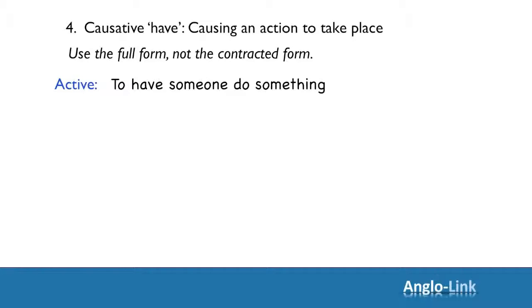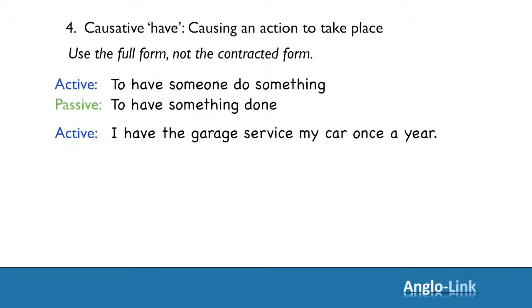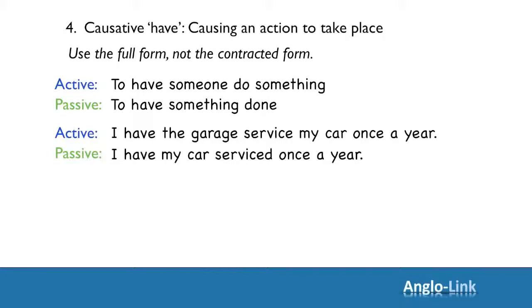In the passive construction, it is to have something done. Let's look at some examples. Active. I have the garage service my car once a year. Let's remove the garage, the actor, and change it into the passive form. I have my car serviced once a year.